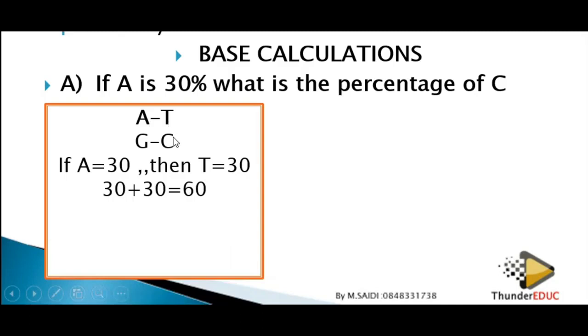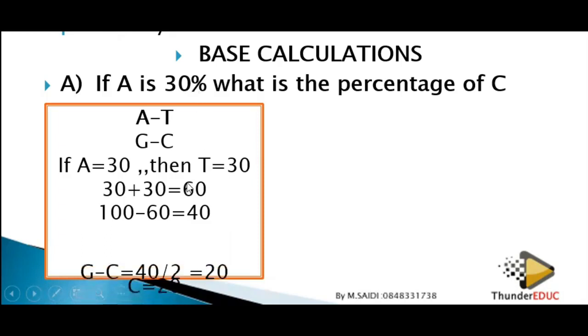The balance from 100, because this is percentage, will be for this. Therefore, I will say 100 minus 60, which is equal to 40. So it means that guanine and cytosine are equal to 40. When I add the 60 plus 40, I get 100, which is the percentage.